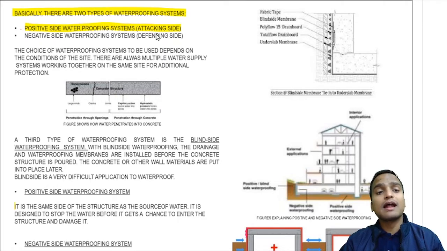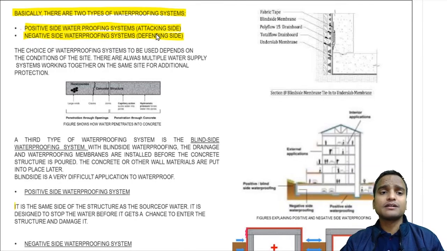And if the waterproofing system is implemented on the defending side, or the side which is opposite of the attacking side, that will be called negative side waterproofing system, and it is done on the defending side.